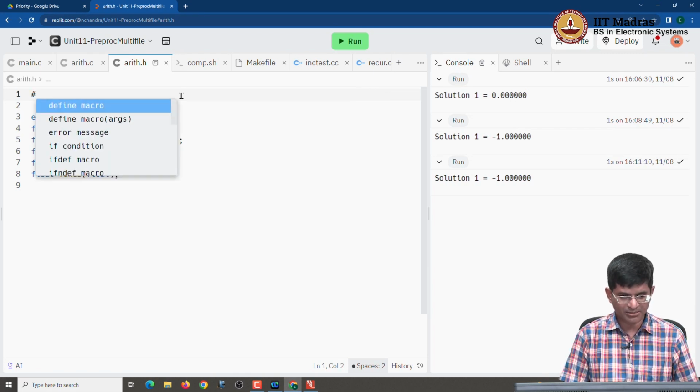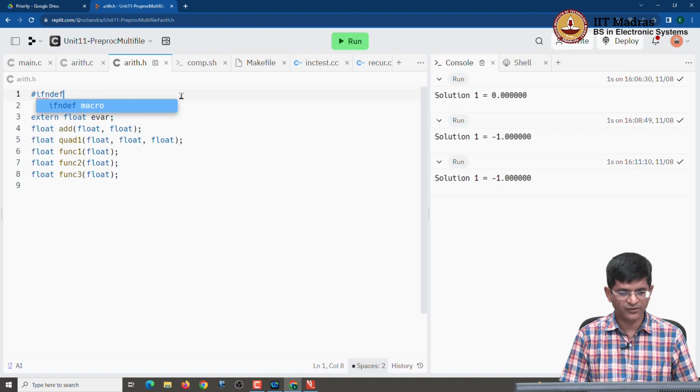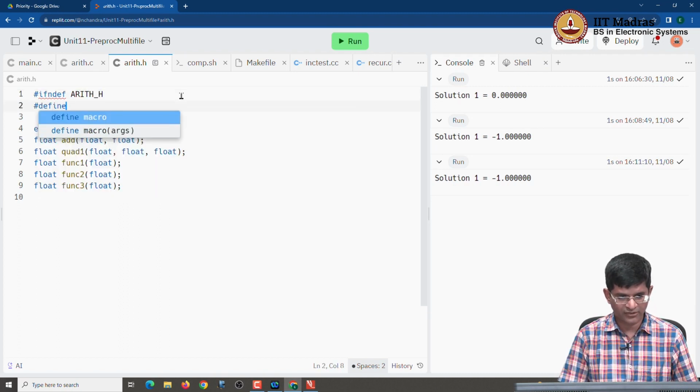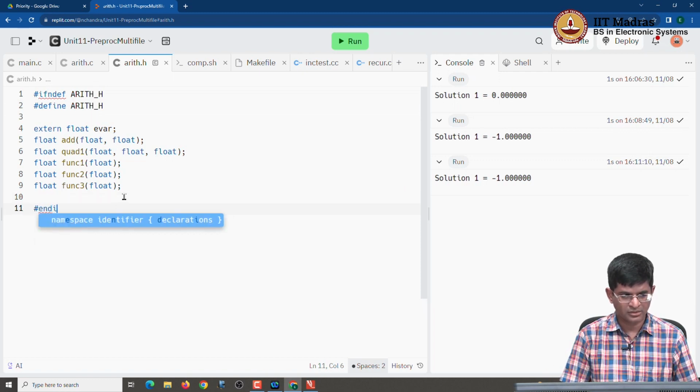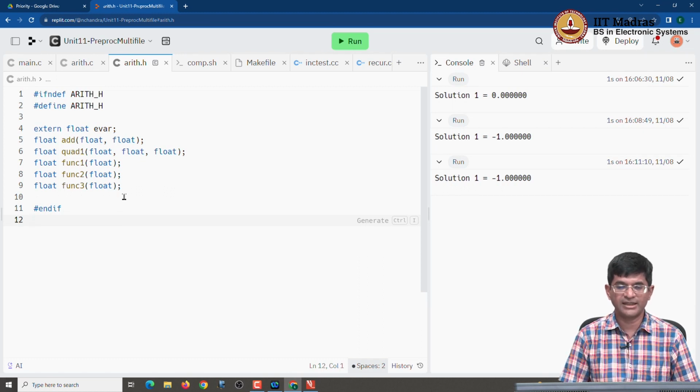It would basically be something like this: if not defined arith underscore h, it would say hash define arith underscore h, and you would have a hash endif at the end.